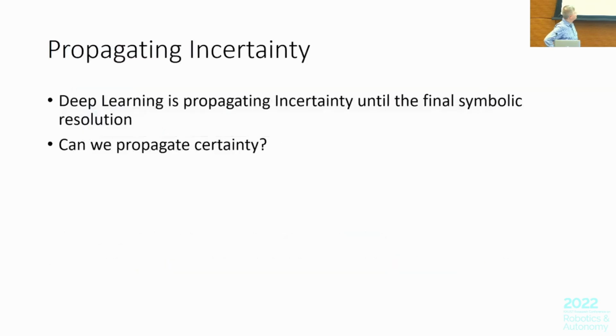So you can think about deep learning in natural language processing as propagating uncertainty, right? You start with a sequence of words, word embeddings, big vectors of numbers, I mean probability numbers, and then you map it, and at the end you get the translation, you get symbols.